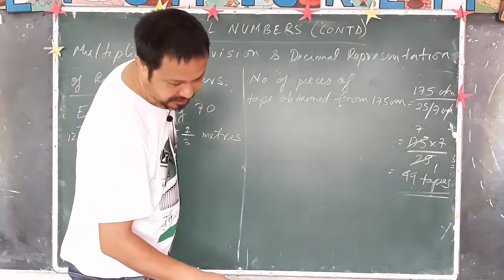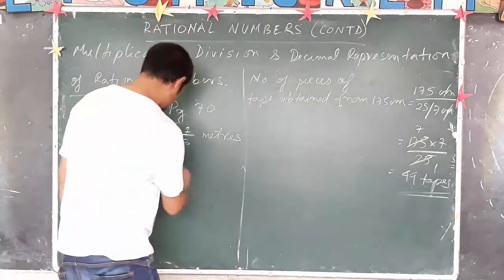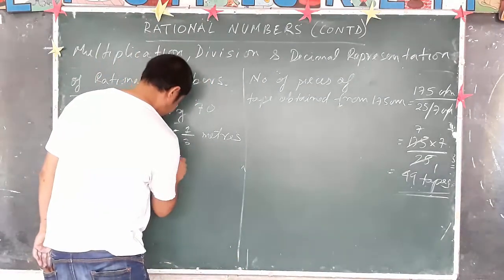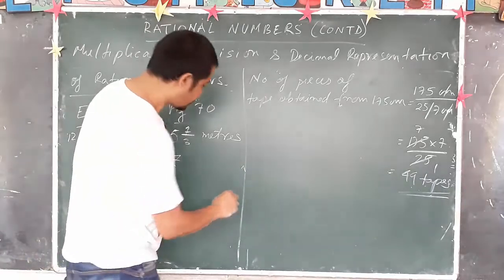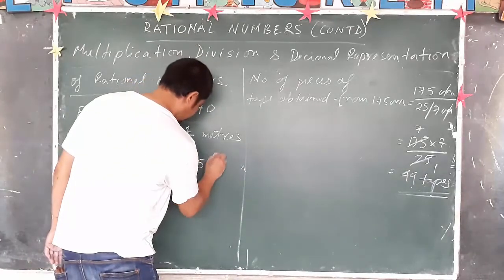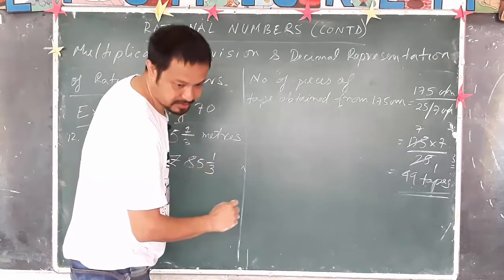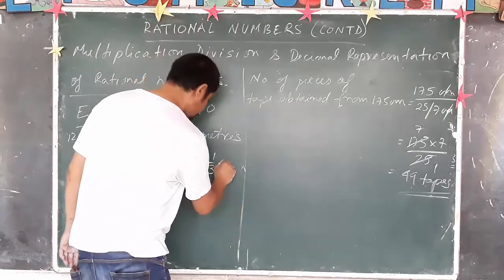The cost of 5 1 by 3 meters of cloth is rupees 85 and 1 by 30. You have to convert, be careful.